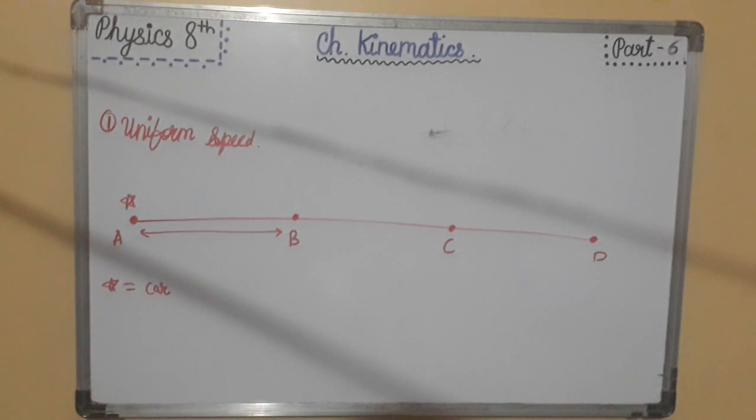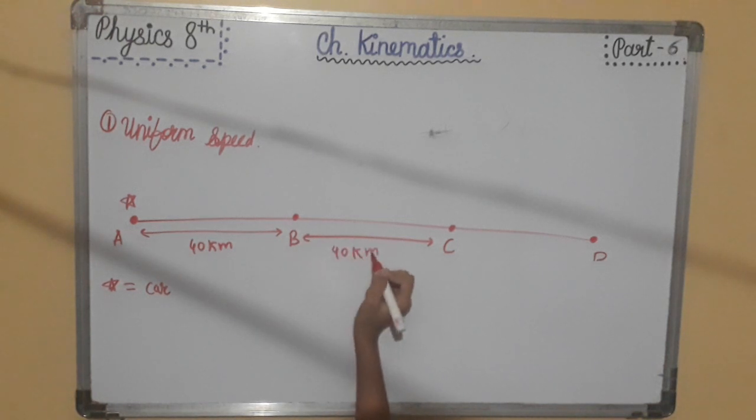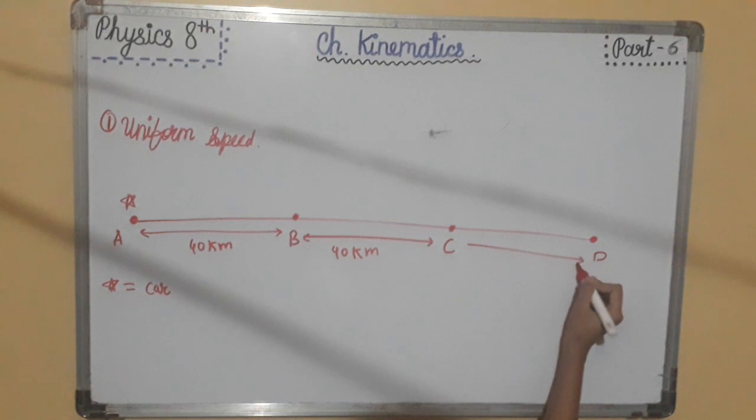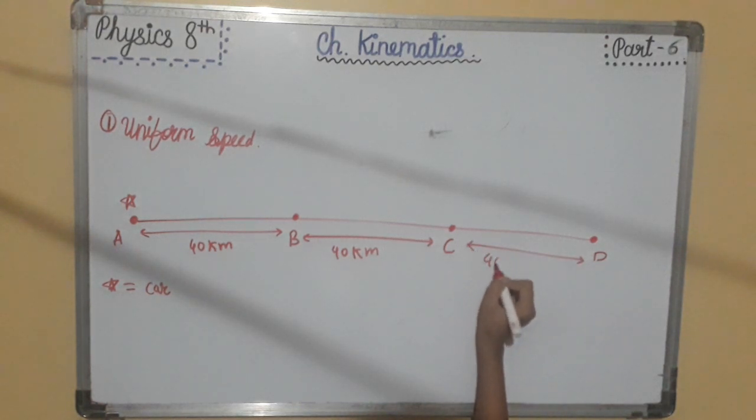The distance traveled by the car between points A and B is 40 km, between B and C is again 40 km, and between C and D is again 40 km.